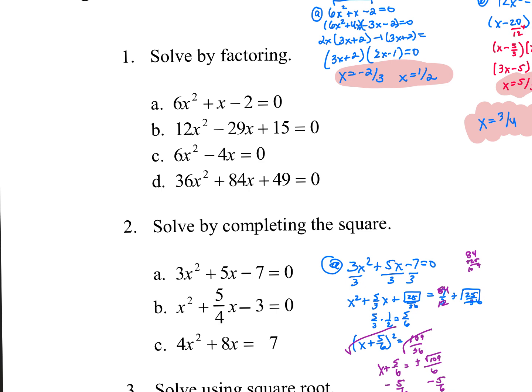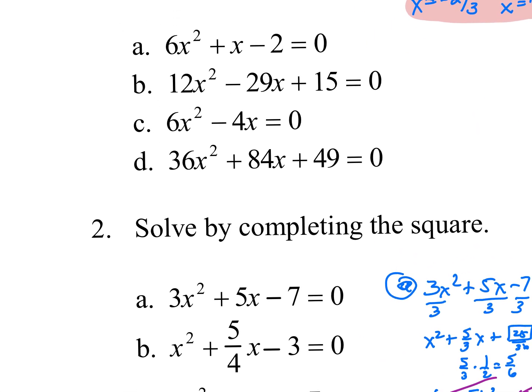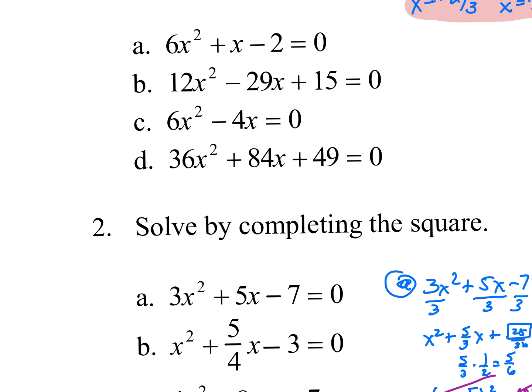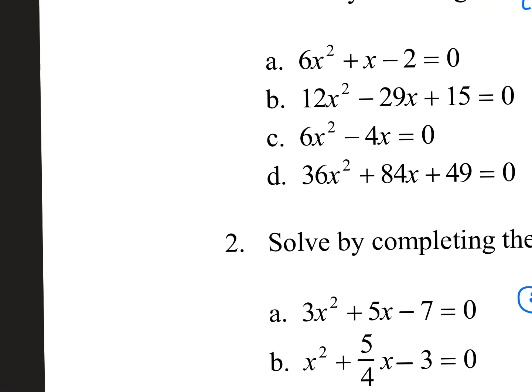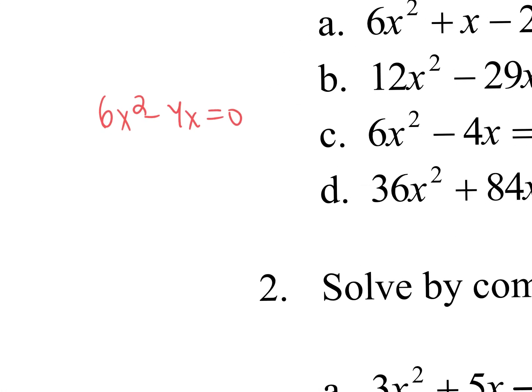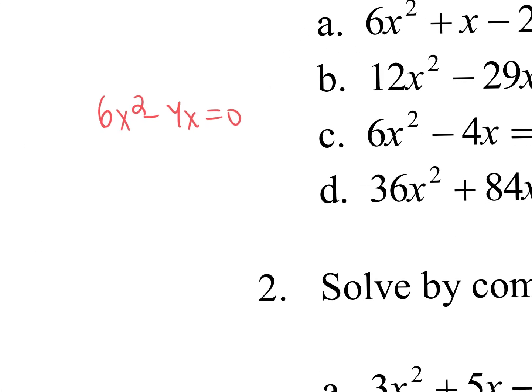A lot of you had questions or made a mistake on something like letter C. If you have 6x squared minus 4x equals 0, we don't move 4x to the other side, then divide and all that stuff. Guys, if you're going to solve this, what's the first thing you look to take out? Okay, take out the GCF.